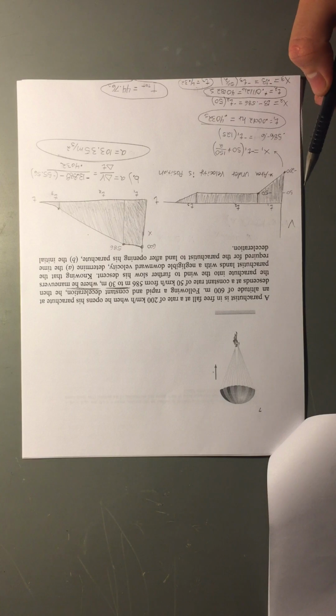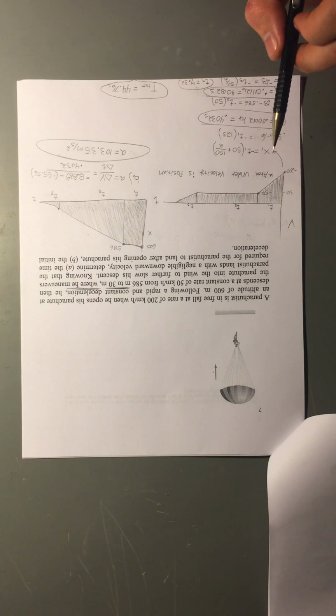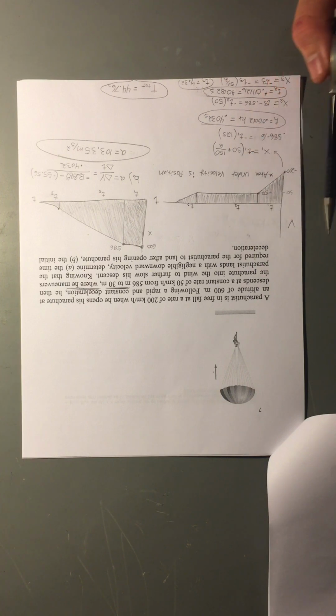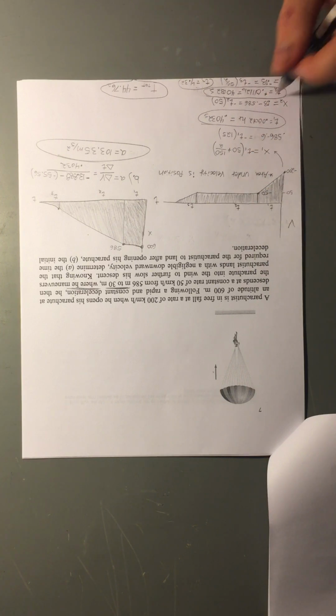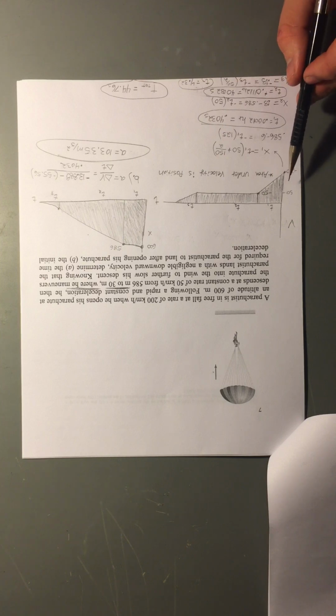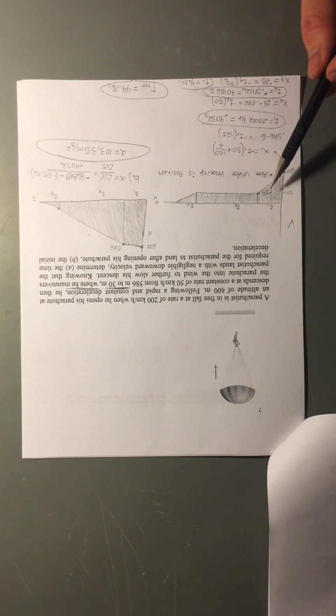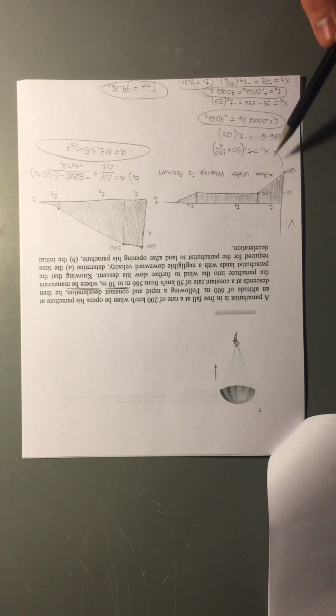So once we have those graphs done, we can actually use them to solve what the question wants. Part A of that was the time required for the parachutist to land after opening his parachute. And so what we do here is we take this velocity versus time graph and we can pull the information out from that.